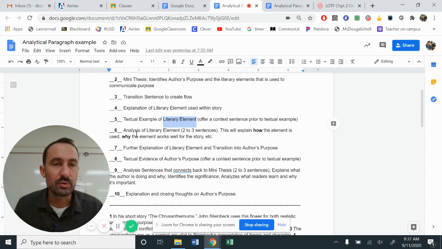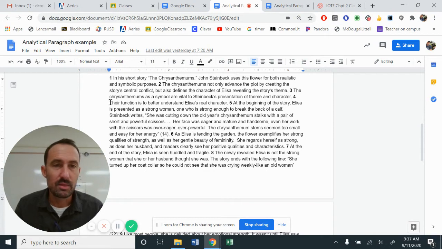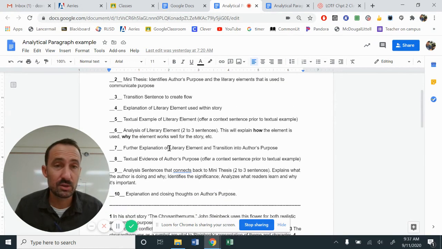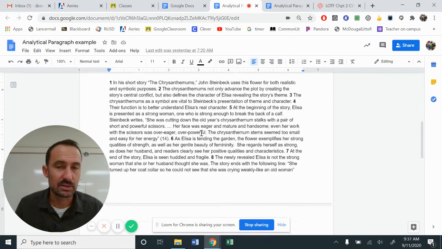Okay, so number 4, explanation of literary element within the story. So their function is to better understand Eliza's character. The chrysanthemums, okay, their function is to better understand Eliza's real character. That's how they help. Super straight to the point, right? Now I need a piece of textual evidence that helps relate to that.